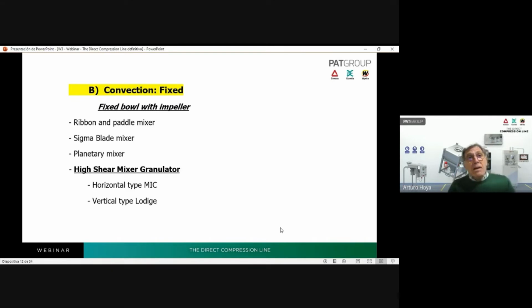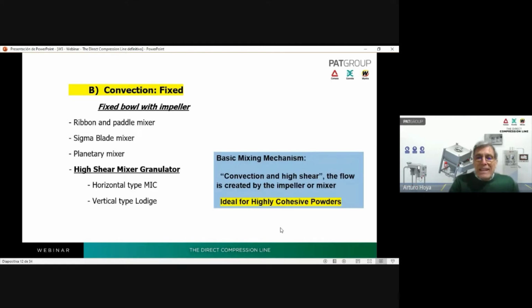The same that we spoke about wet granulation in the last webinar. High shear mixer granulator, horizontal type like MIC of Pad Group or Diosna or Collette, and the vertical type like Lödige. In this case, the basic mechanisms are convection and high shear.